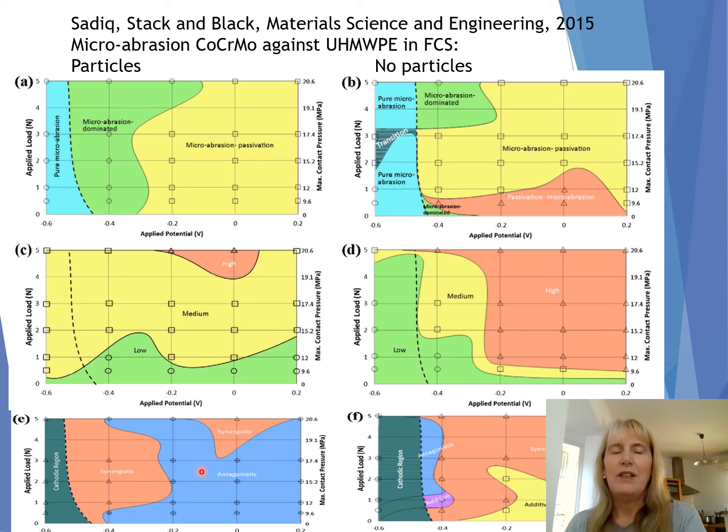And the synergy maps may also change depending on the conditions. So this is in fetal calf serum. Essentially, the micro-abrasion mechanism and safe operating regime can significantly change in these kinds of conditions.